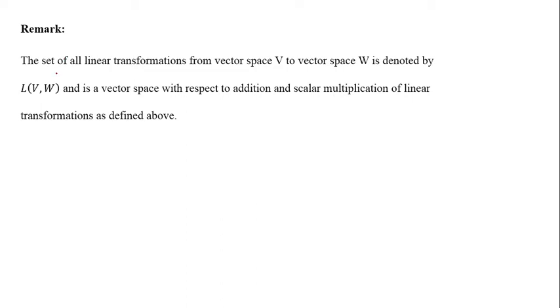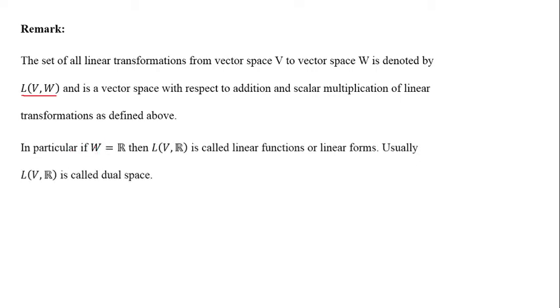This is an important remark. The set of all linear transformations from vector space V to vector space W is denoted by L(V, W), and is the set of all linear transformations from V to W, and is a vector space with respect to addition and scalar multiplication of linear transformations as defined above.